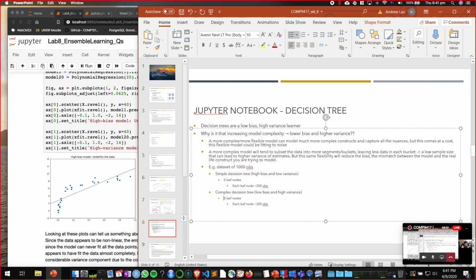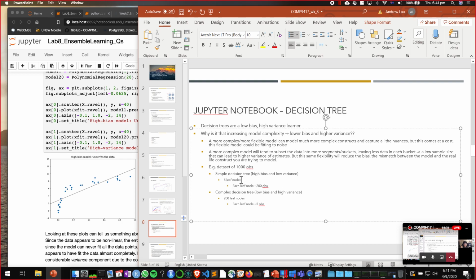And maybe let's go crazy. Maybe there's 200 leaf nodes, and each one of the leaf nodes on average might have, say, 5 observations. Okay, so let's say you're trying to model something. If you only have 5 leaf nodes, only a few splits, then you're probably not grouping things up as well as you could.